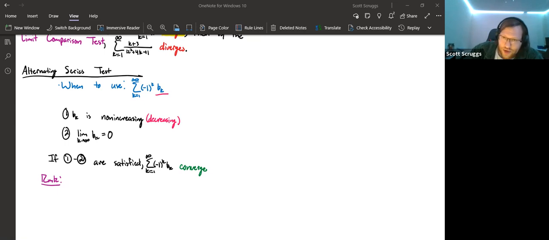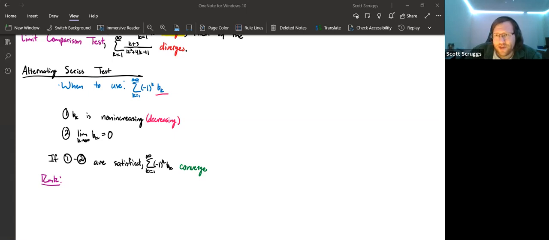Because just like with the divergence test, one thing we all learned is that even if I don't show that the limit of the terms goes to 0, that does not mean my series converges.